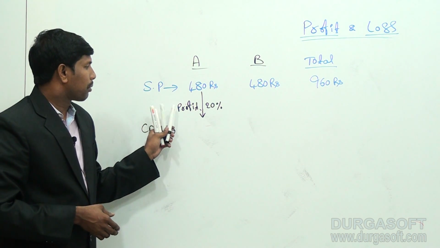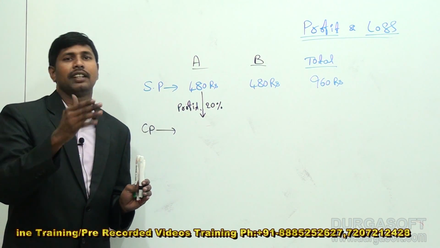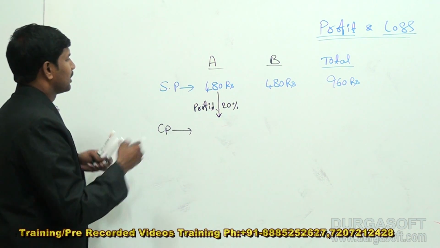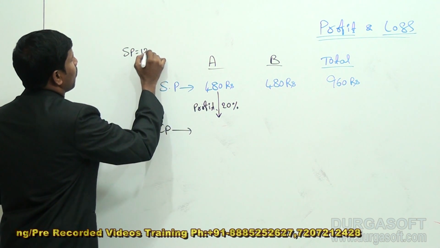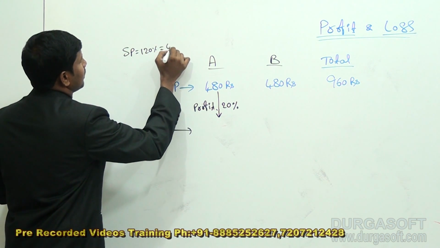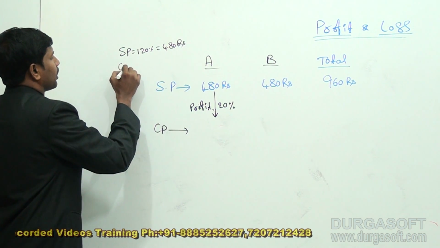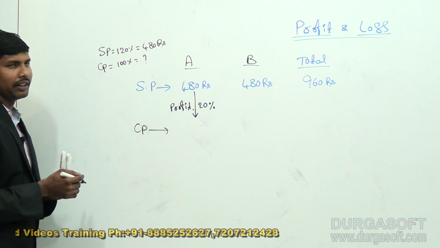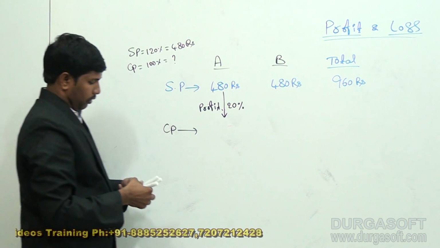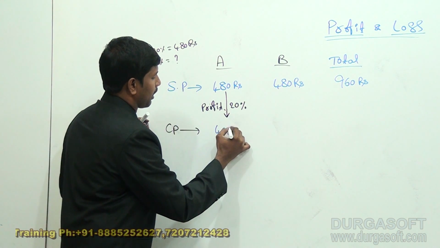Wherever you are getting the profit, the selling price is equal to 100 plus that profit percentage. That's why in this case our selling price is 100 plus 20, 120%, which is 480 rupees. And now I want the cost price, which is 100%. So from this you can calculate, and the value you get here is 400 rupees.